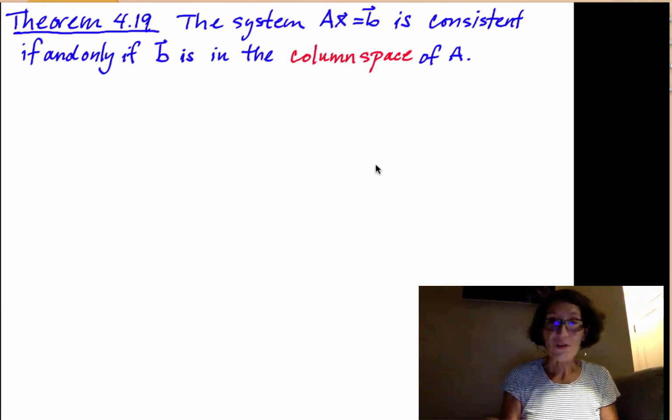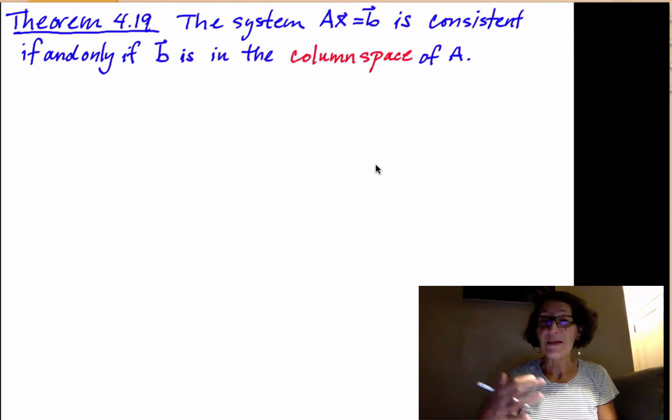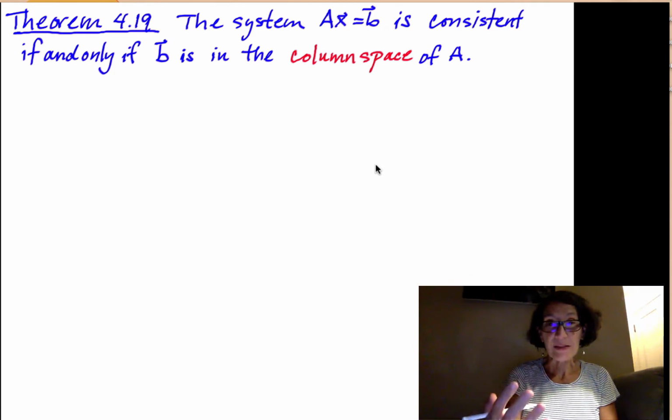So the columns of A also are in Rm, because A has n columns and m rows, so each column has m entries or m components. The columns span a subspace of Rm, and we want to show that this system is consistent if and only if b is actually in the column space of that matrix.